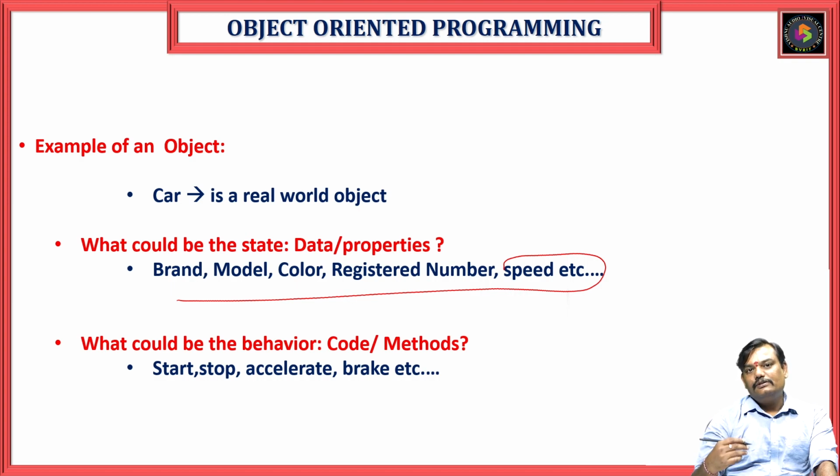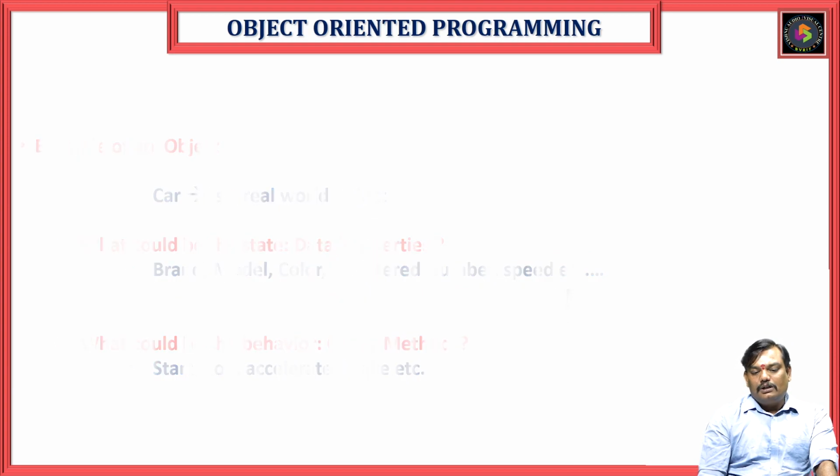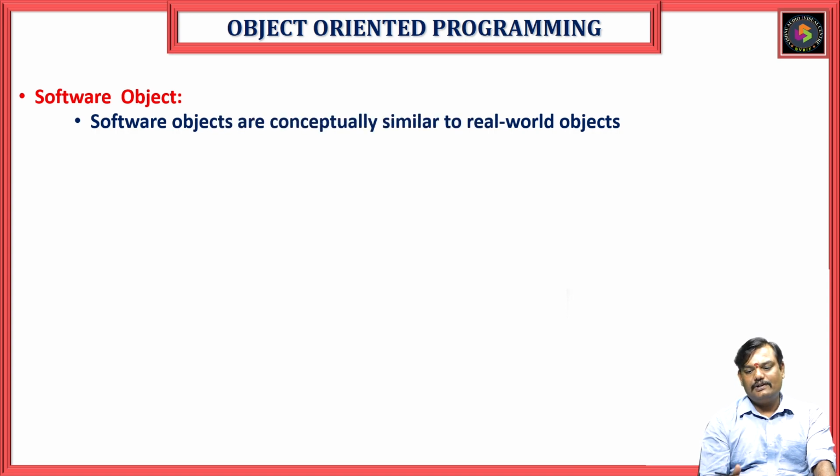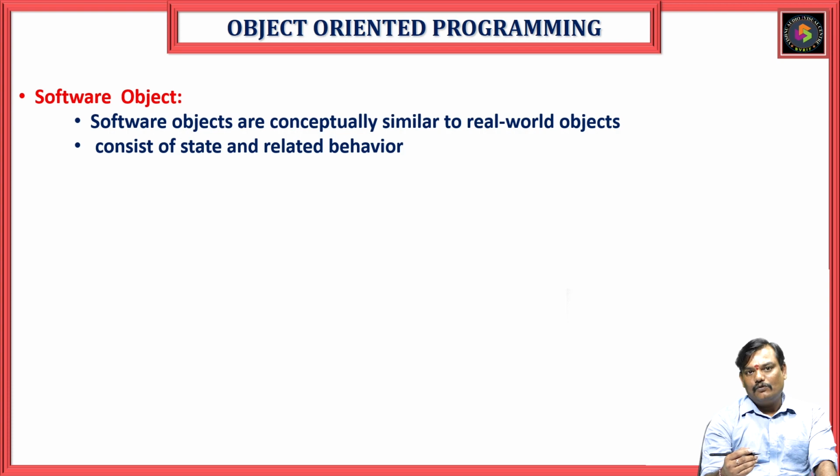Now we will try to model this real-world object into a software object by making use of object-oriented concepts. In object-oriented concepts, we call this a software object, which is very similar to the real-world object. It is conceptually the same.